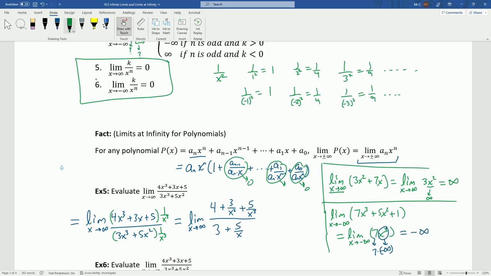And what do we know from properties 5 and 6? All of these things go to 0. 3 over x squared, 5 over x cubed, 5 over x. A constant divided by x to a positive power. When x goes to plus or minus infinity, those go to 0. And so I just get left with 4/3.